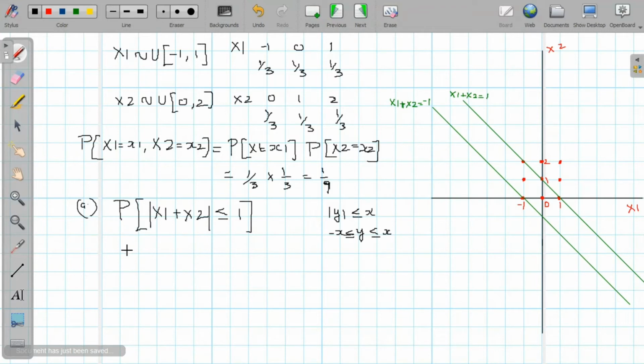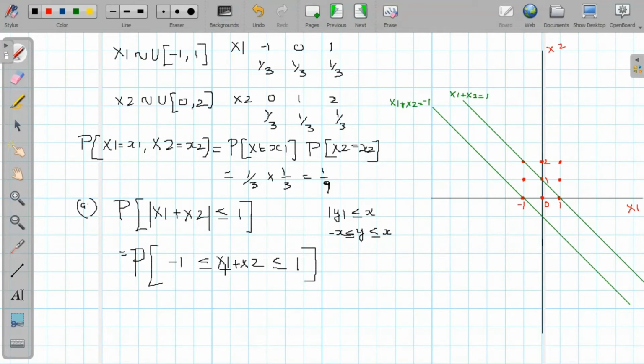Similarly, we can write this probability as the probability that x1 plus x2 is less than or equal to 1 but greater than or equal to -1. So we need to find this probability.